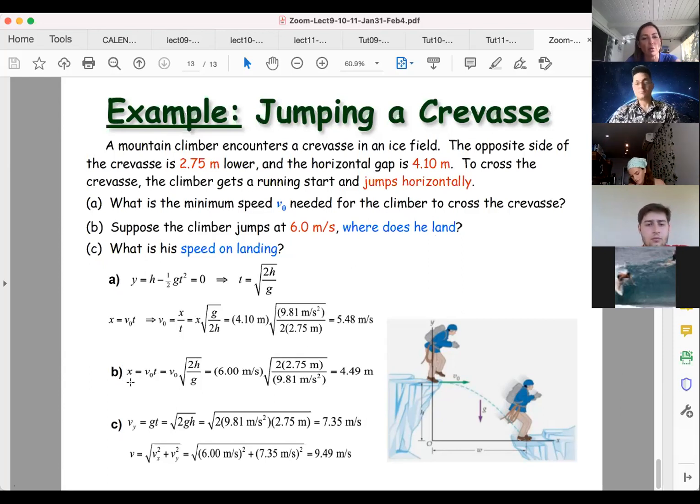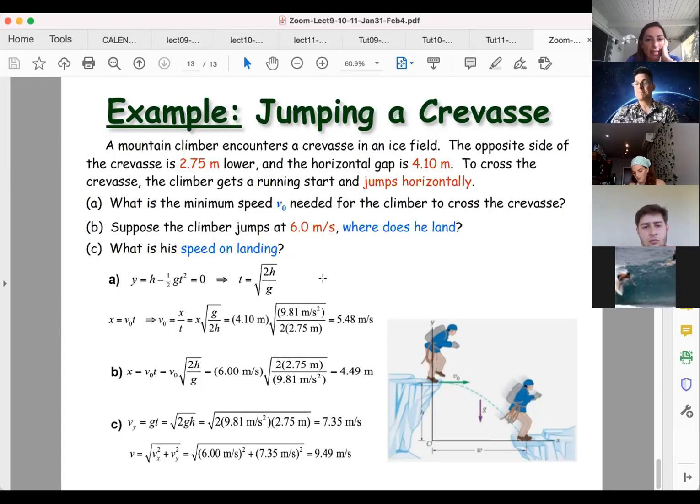So that's why we are only interested in this equation. X is equal to V0 t, and this time V0 is equal to 6 meters per second. So we substitute all the numbers and we find that it lands at 4.49 meters.